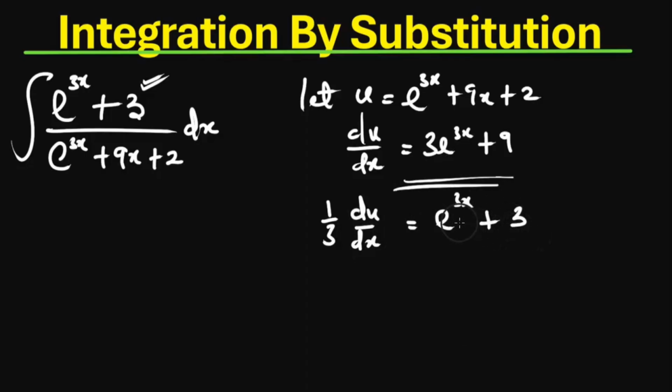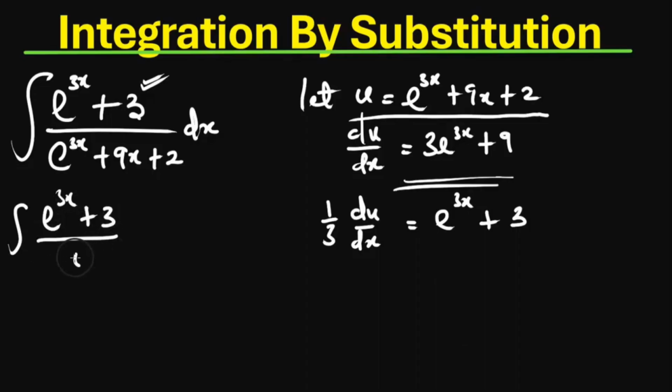But let's take it step by step. From this point, we made u the denominator. So when we replace the denominator, we have (e^(3x) + 3) divided by u dx. Now, we want the entire expression to be in terms of u.